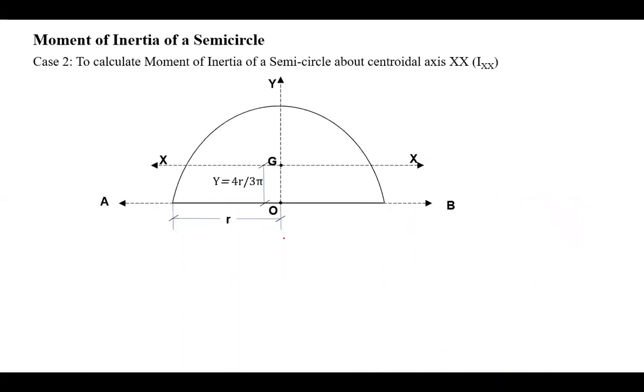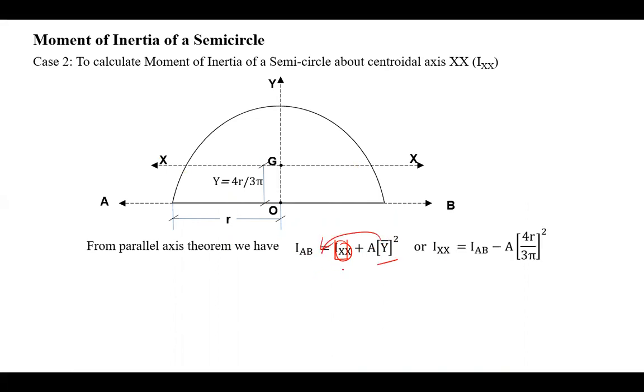Then the moment of inertia about the central axis can be obtained by the parallel axis theorem. We know that IAB is equal to Ixx plus A into y bar square. But now we need this part, so send these terms to the other side. Then you will get Ixx equal to IAB minus A into y bar square.